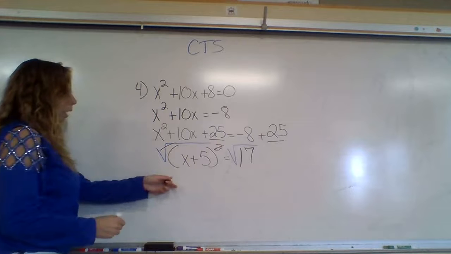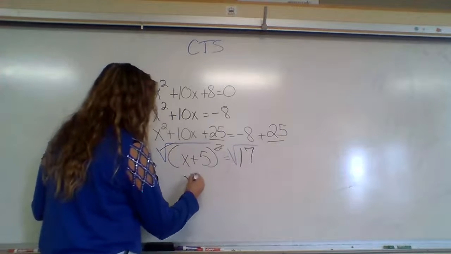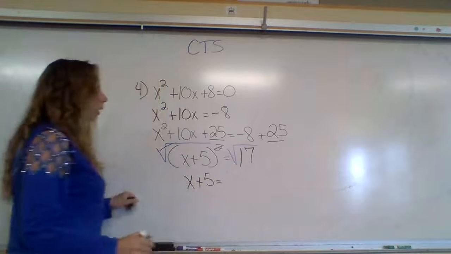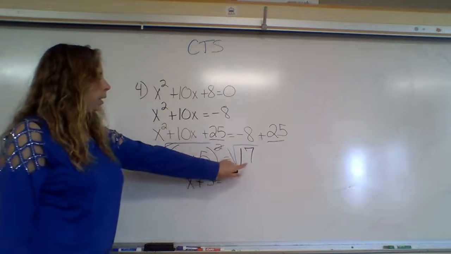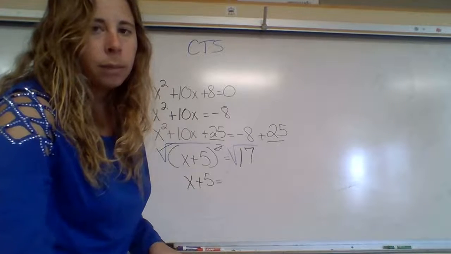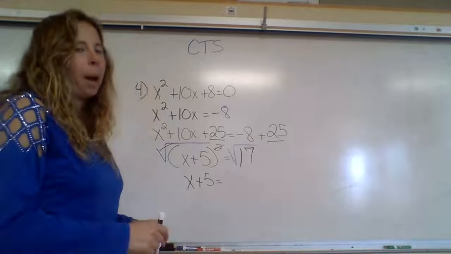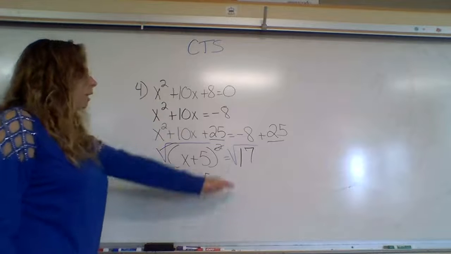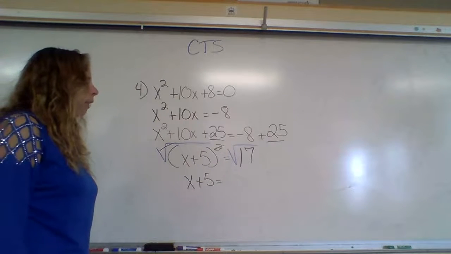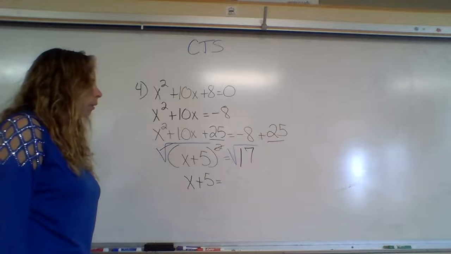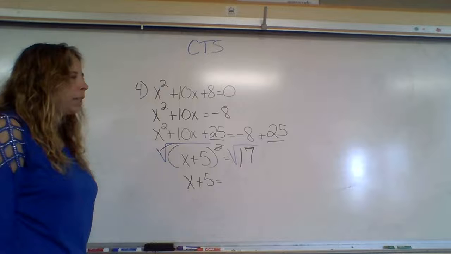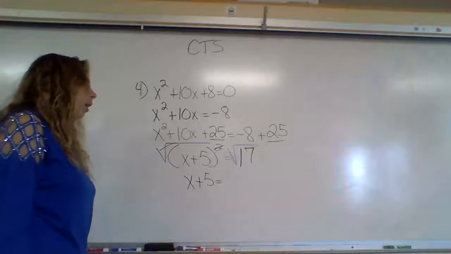So on this side, you're left with, and then 17 is a prime number. If it was not a prime number, you would have to simplify the radical. But it is. The only numbers that multiply together to get 17 are 1 and 17, so you're good.